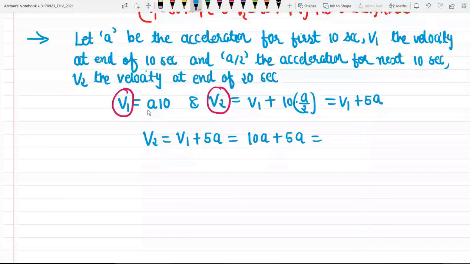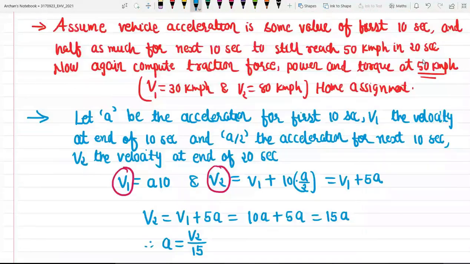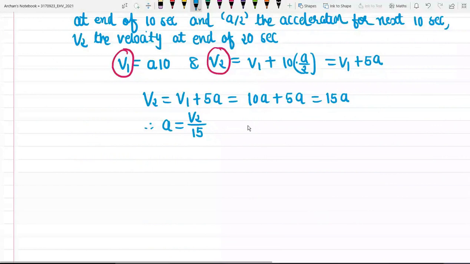And what is V2? V2 is my final value, which is 50 kilometer per hour. Just convert it into meter per second and divide it by 15. We will get 0.926 meter per second square. So this is our acceleration.